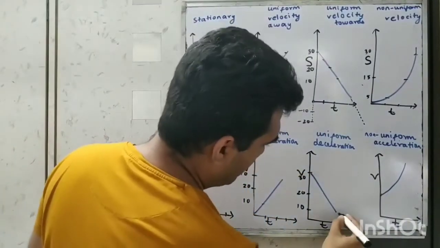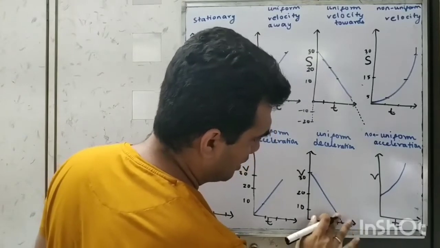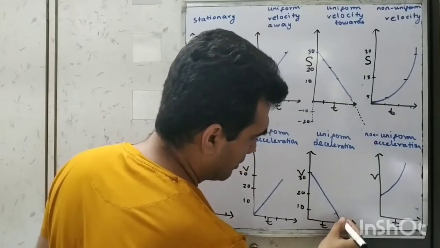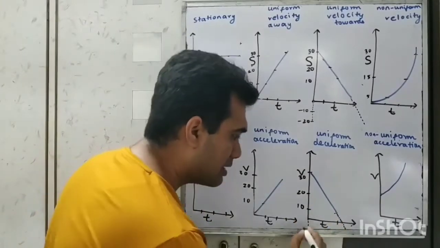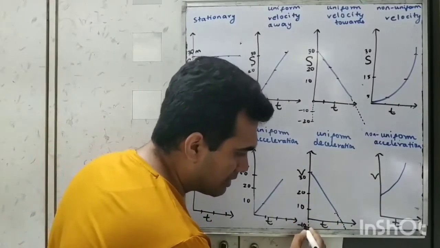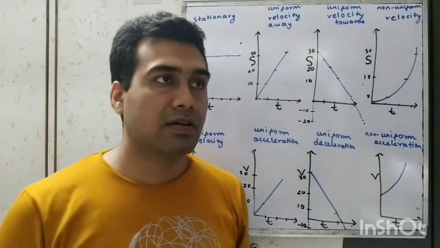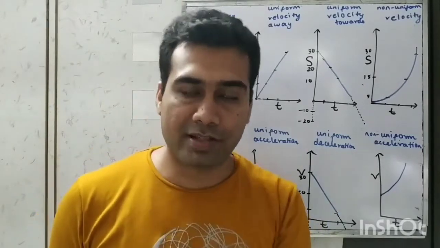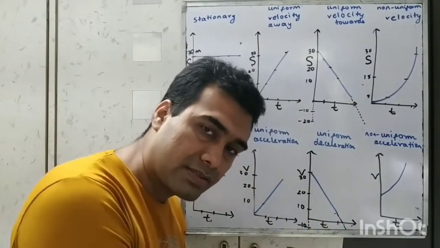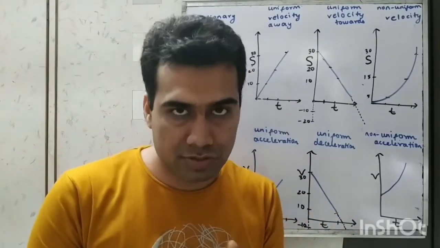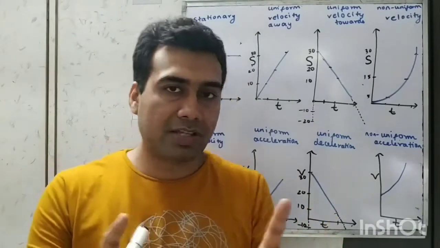But what if it goes below the x-axis? What would that mean? Well, now if it goes below the x-axis, then I can say that the velocity is negative, minus 10, minus 20, minus 30. And negative velocity means the direction has changed. So only when the graph is below the x-axis do we say the direction has changed. But above the x-axis, the direction has not changed.